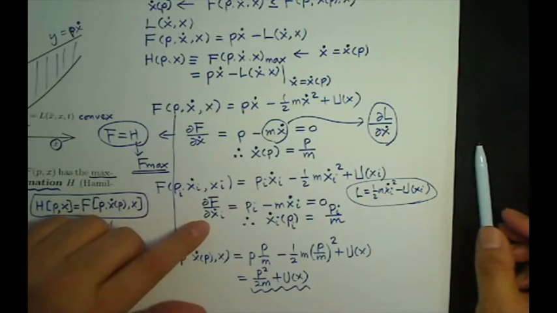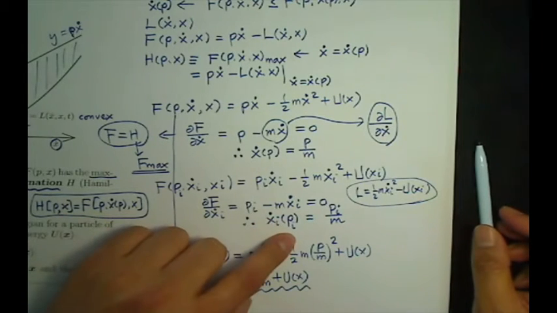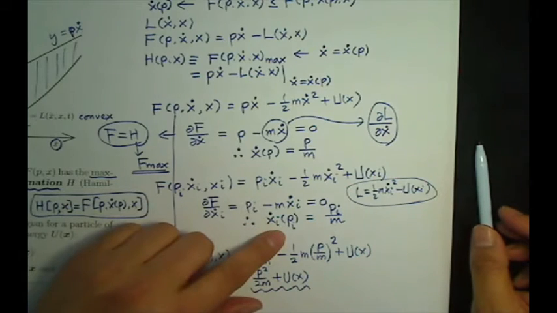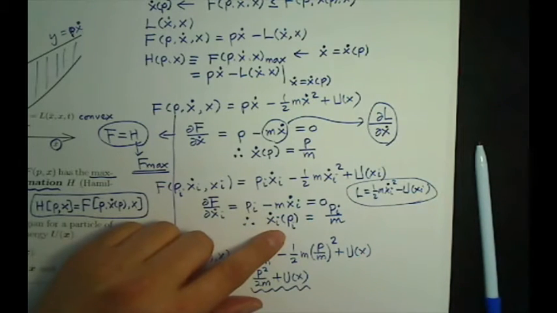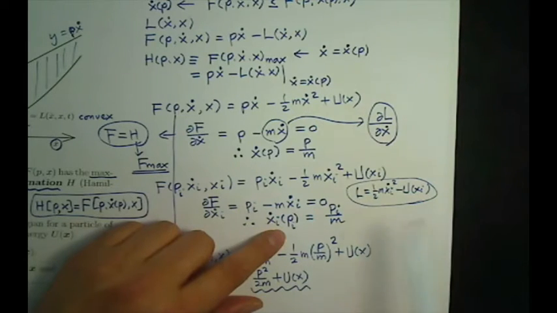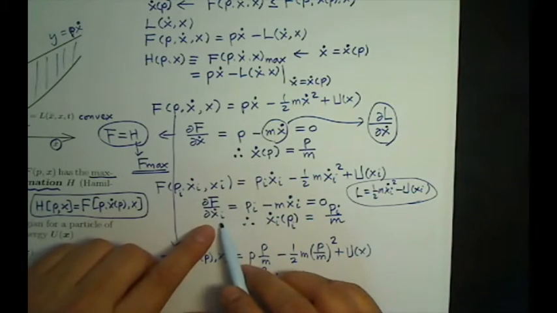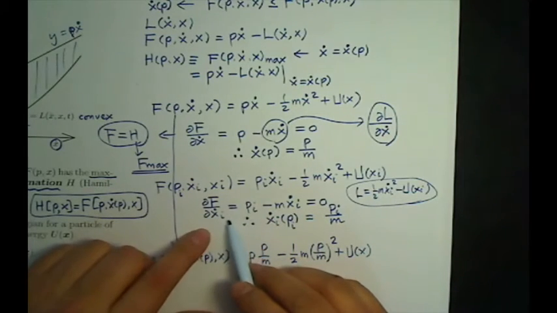Again, to find the value of x i dot, we maximize the f function. The value of x i dot can be found by taking the derivative of this f function with respect to x i dot.